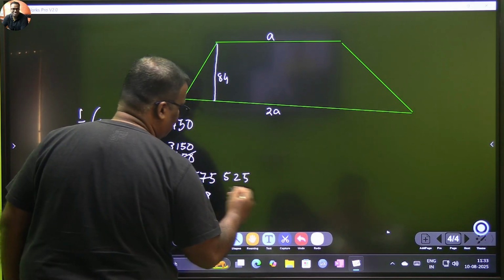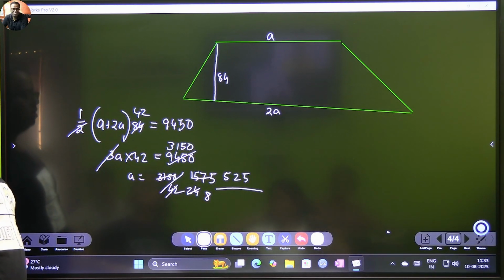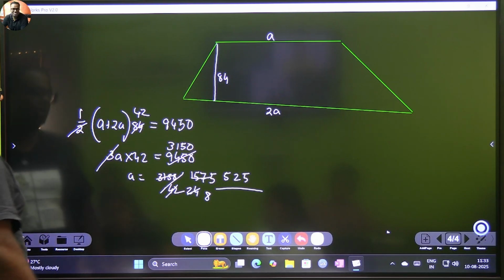So just divide it, you get the value of A. What is the value of A? So what is this value? 9450. Just check whether I made a mistake.